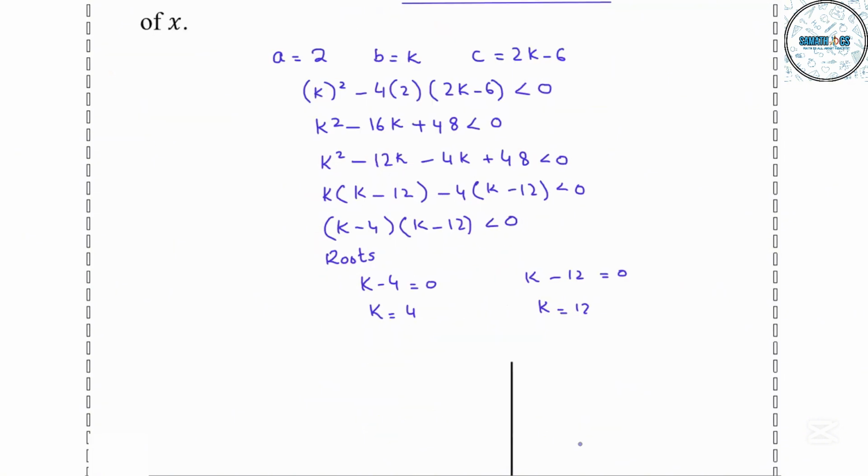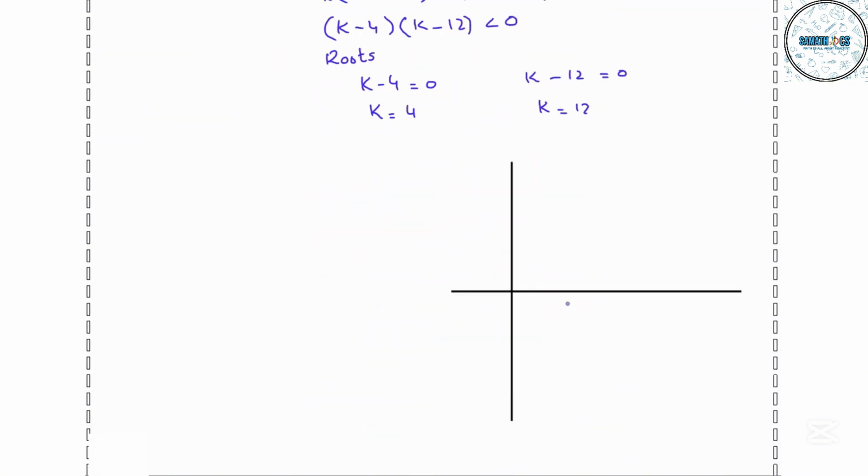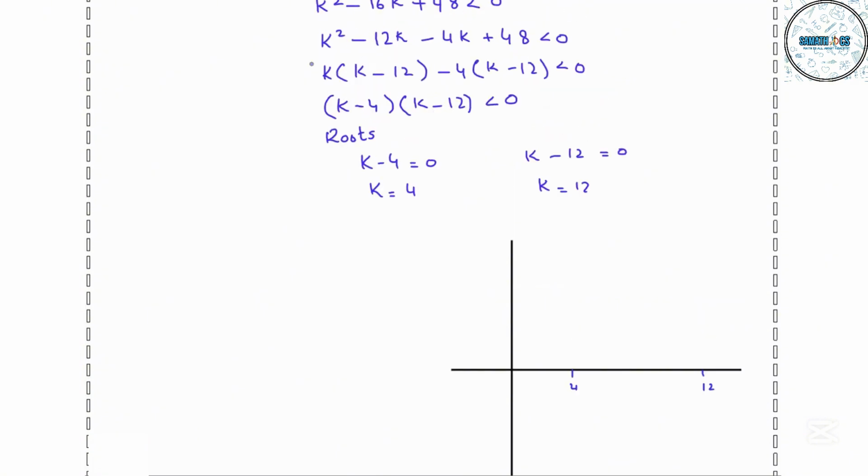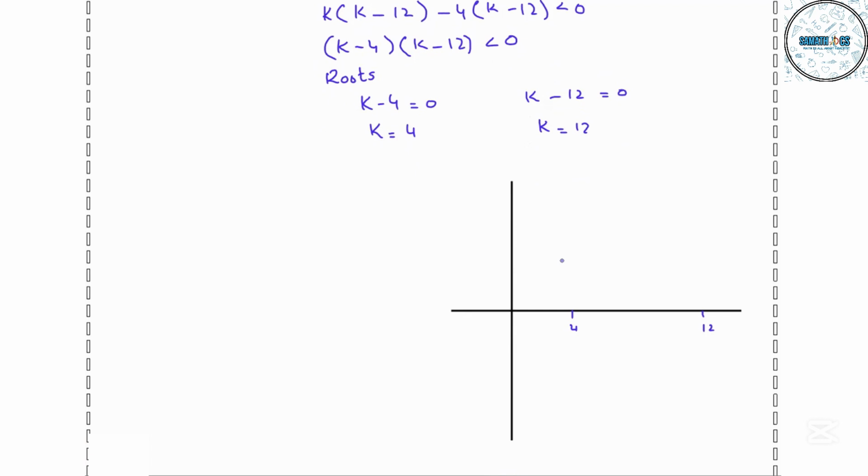Then we sketch the curve and then write down the solution. We'll consider 4 here. We'll consider 12 here. As the coefficient of k squared is positive, the curve is a minimum curve.